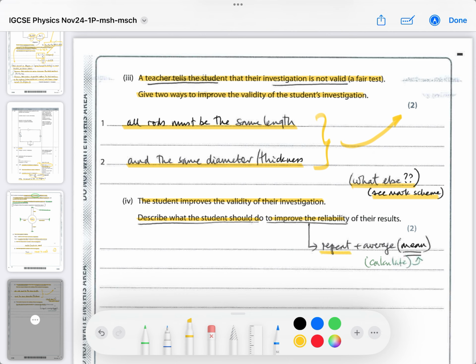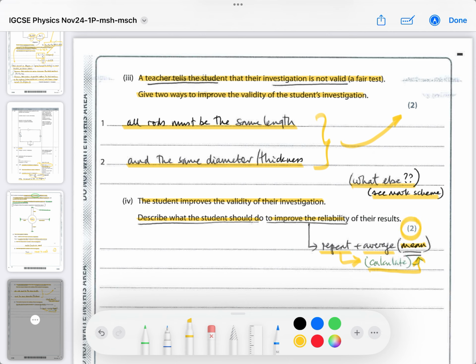So you should repeat it more than once, and calculate an average. The type of average we want is the mean. So technically, repeat and calculate the mean average would get you the 2 marks.